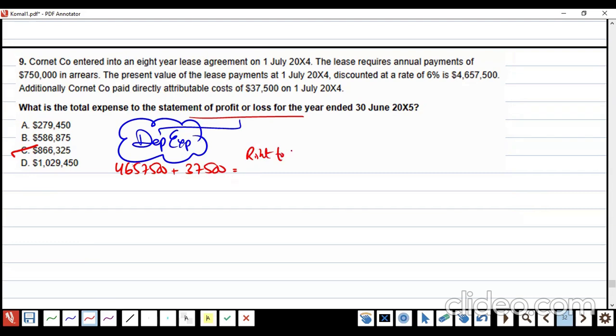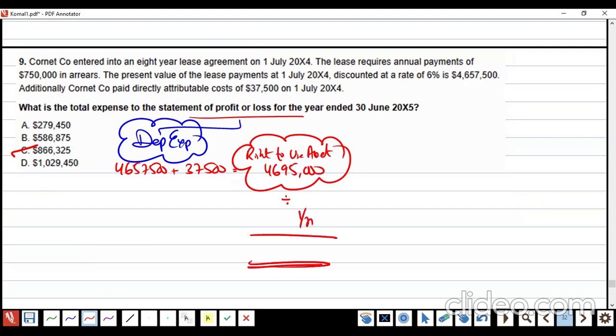This will be divided by the useful life of the asset, right? How much? Life is how many years? 8, because they've not given the life, but the lease is 8 years. 586,875.